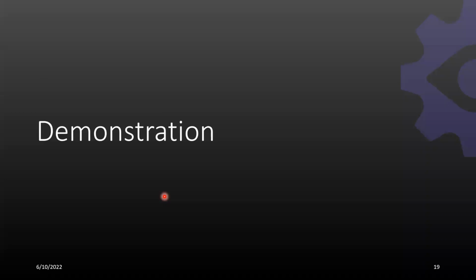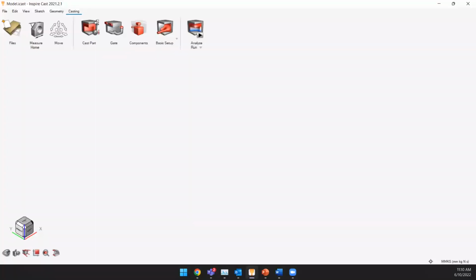Let's jump on to Inspire Cast for a quick demonstration. So this is the Inspire Cast graphic user interface. You have multiple sections over here. Right in the middle, like any other software, you have the graphics user interface. This is where you interact with your models. On the top, you have the menu bar.